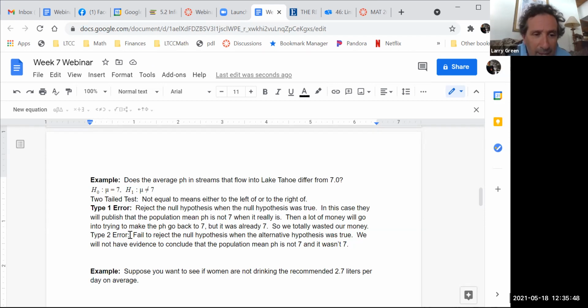All right, is that bad? What bad thing will happen if we don't have evidence to say that there's any difference from 7 in the pH? But guess what? The pH might have been 4 or something like that.